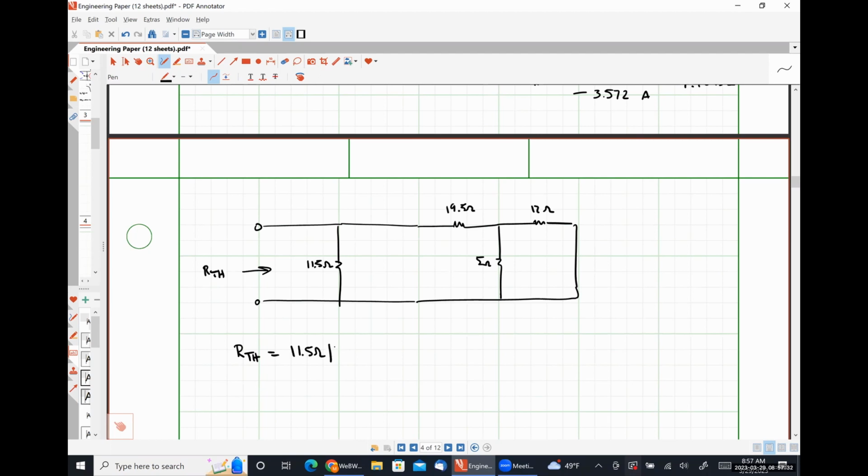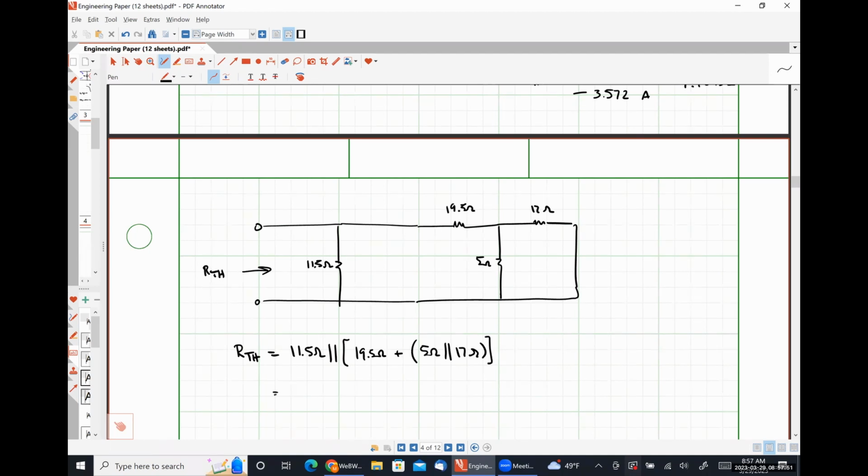11.5 ohms in parallel with 19.5 ohms in series with the parallel combination of 5 and 17.